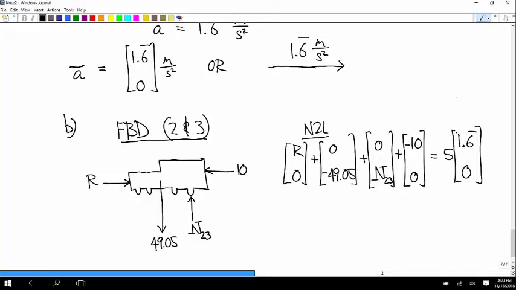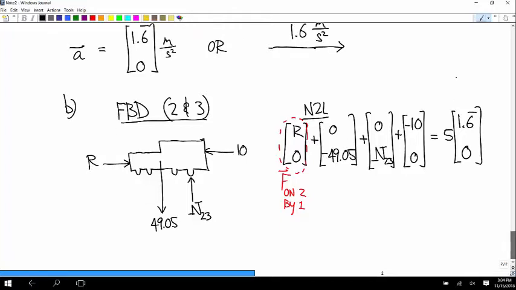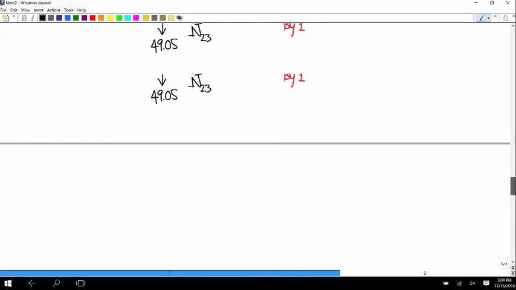What are we trying to calculate? Yeah, we want R because we're trying to fill in this vector. This is the force vector on the 2 by the 1. We just don't know what R is yet to finish it. And so again, all we need is the x component, the x equation.